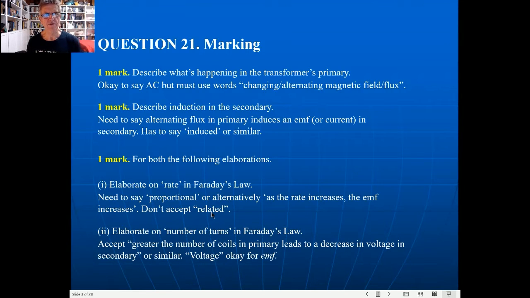It all depends on the ratio of the loops or the turns in the primary and secondary. And I've said here voltage is okay for EMF because it's understood what is meant. So that's an example of how you do it with explain rather than just describe.